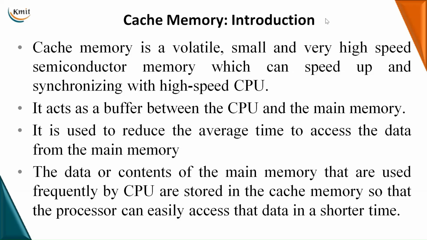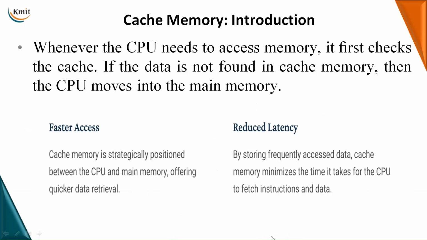The contents of the main memory that are frequently accessed by the CPU are stored in your cache memory, so that the processor can easily access the data in a lesser amount of time. Whenever a CPU needs to access memory, it first checks the cache memory, before searching the main memory.